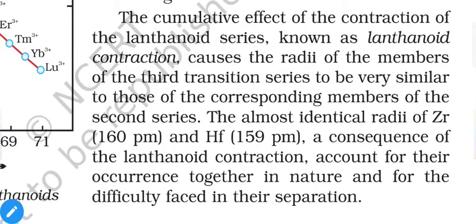So a density difference is definitely present, but the overall remaining properties or chemical behaviors will be similar if the radii are similar, and they belong to the same group, that means their electronic configuration will be the same, so their oxidation states will be the same, as well as the coordination number. So that's why it is hard to separate them.